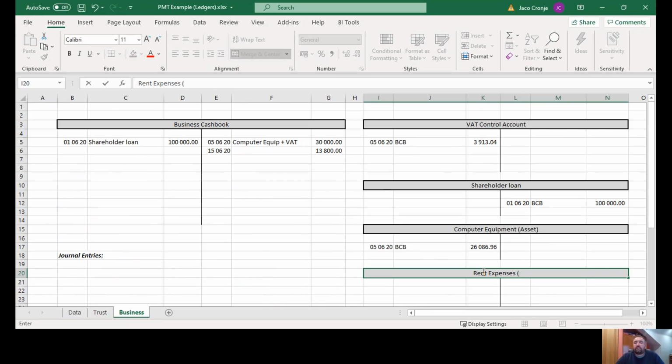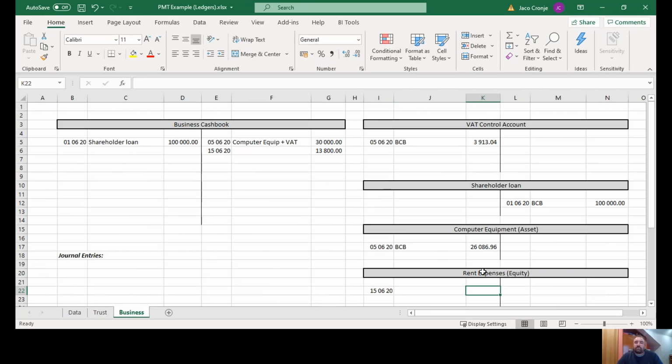Now, how do we classify this rent expense account? Let's ask ourselves the question: when I pay my rent, will I in future get that money back from the landlord? And the answer is no. So rent expense will be an equity account. So how do I calculate the expense portion?